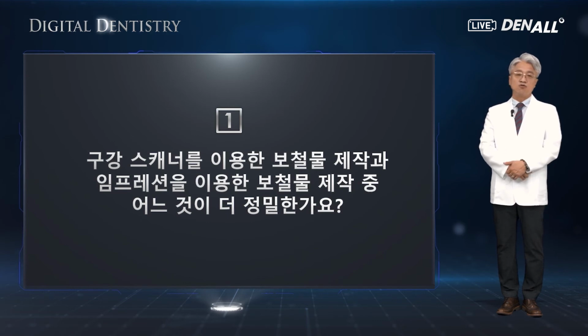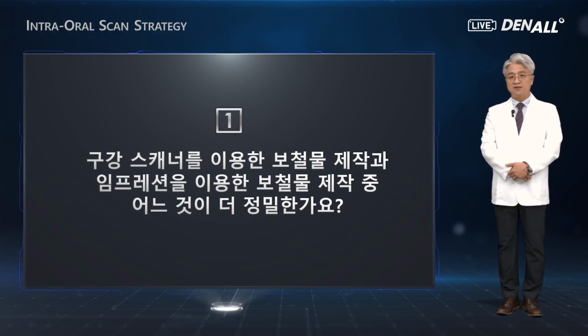So the modelless process using an oral scanner is much more precise in terms of the fabrication of the prosthesis. But one thing, for a full mouth one-piece prosthesis, for example, from number 7 to number 7 on the other side, a model needs to be used compared to the approach using the oral scanner that is more precise.